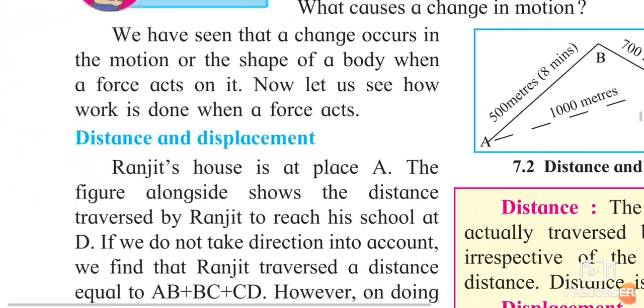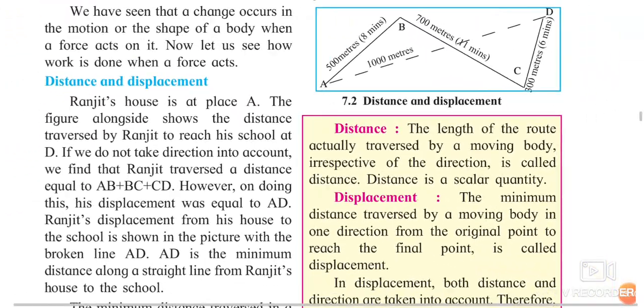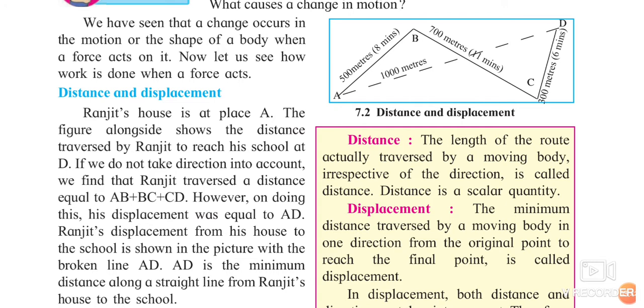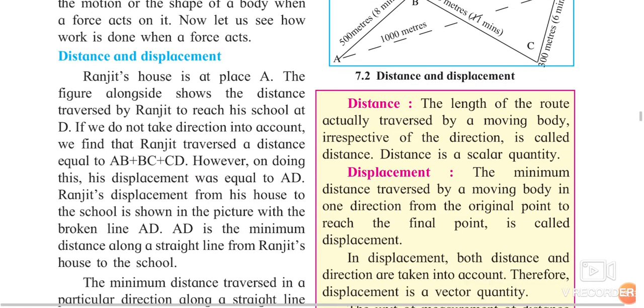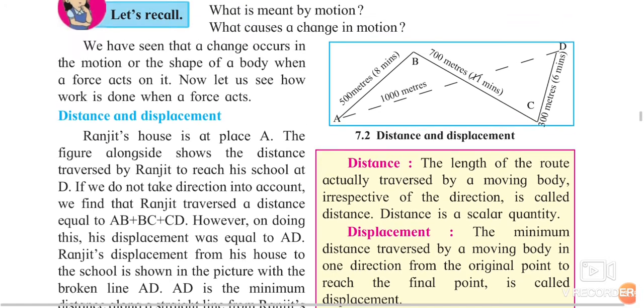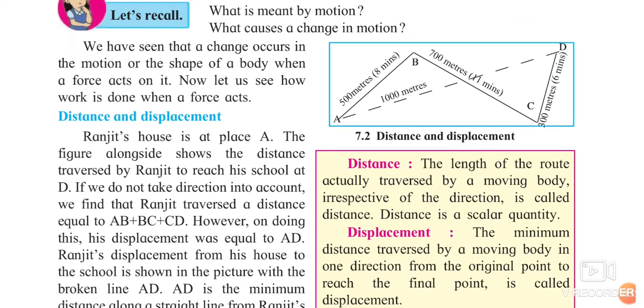So right now we are going to see what explanation they have given here. Ranjit's house is at place A. The figure alongside shows the distance travelled by Ranjit to reach his school at D. So A is Ranjit's house and D is the school. That is what I have told you in this part, that when he is travelling from A to B, B to C and C to D, he will travel 1500 meters.